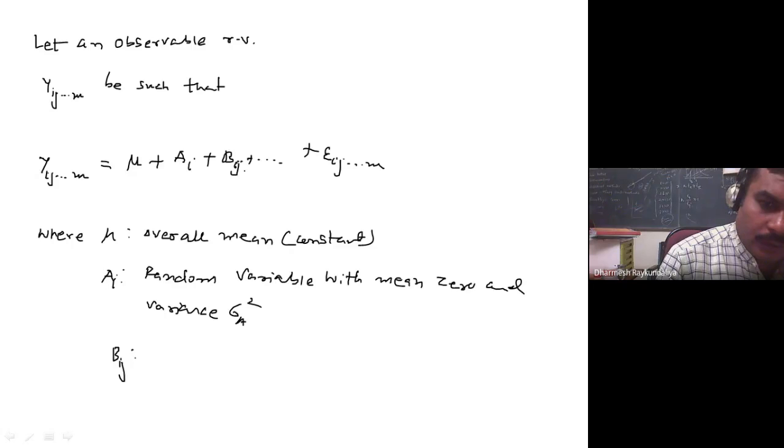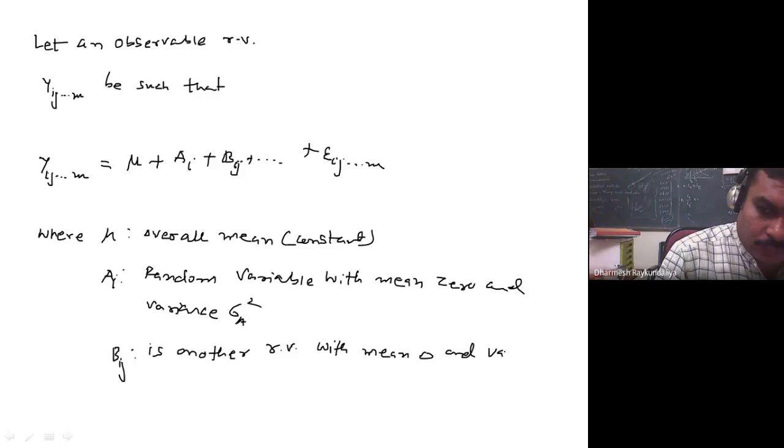It is not an interaction effect. It is just another random variable. Here you took this as treatment, let us say it is a block. Both the treatment and block are random. b_ij is another random variable with mean 0 and variance sigma b square.